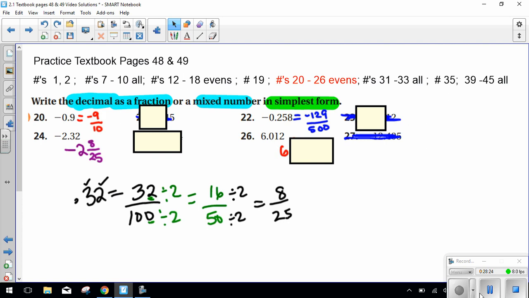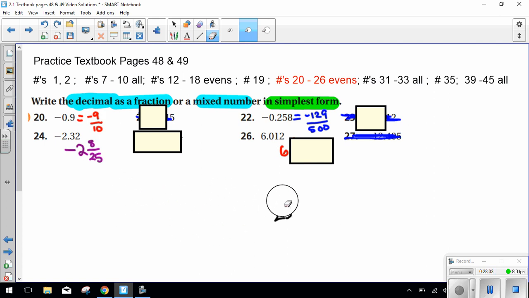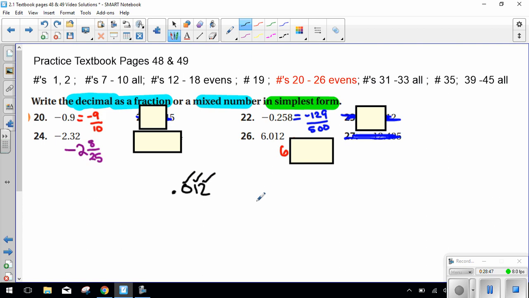Okay, and let's take a look at number 26. Like we mentioned earlier, there's a whole number 6 in the front. So my solution is going to be 6 and some fraction. If we take a look at the fraction, we have 0.012. The 0 is in the tenths place, the 1 is in the hundredths, the 2 is in the thousandths.